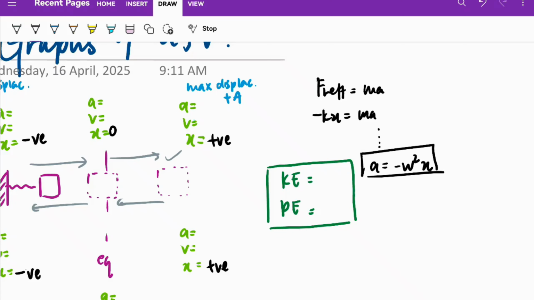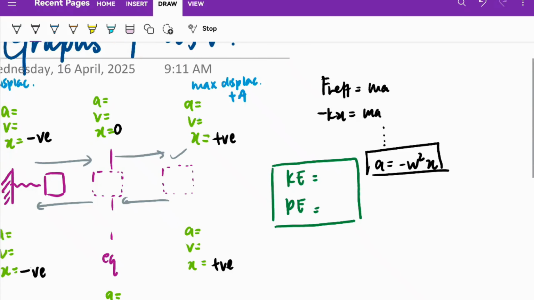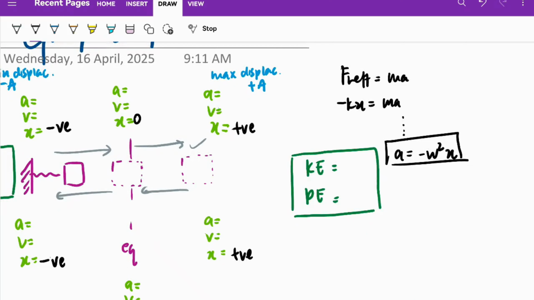Okay, so now I want you to take a moment to think a bit. If my spring moves further away from my equilibrium, do I need a lot of restoring force to restore myself back to the original position, or do I need a little bit of force? Of course, you need a lot of force. So when you need a lot of force, that means you need a lot of acceleration as well.